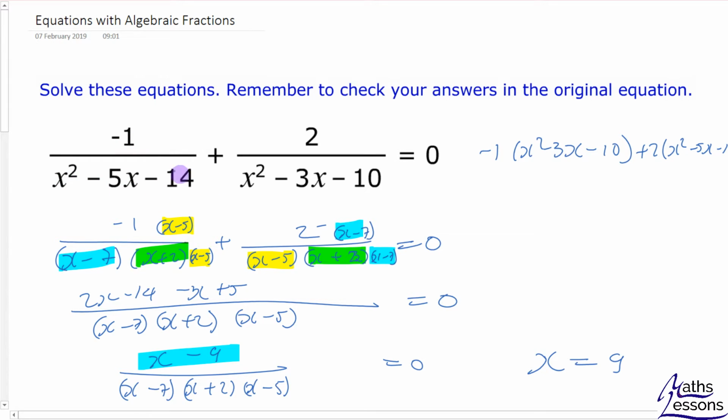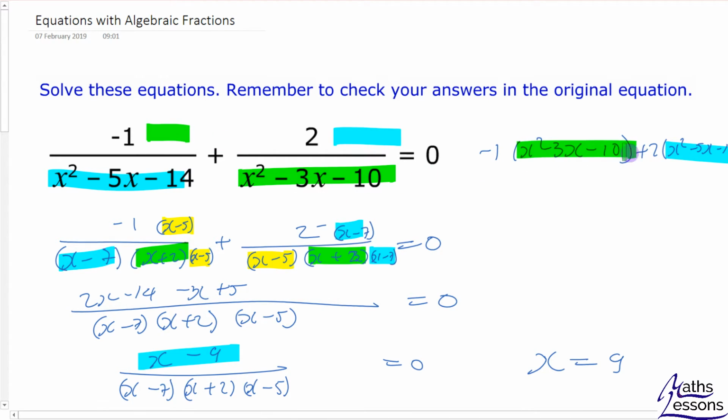So when I times by this bit here, if I times the top by it, then it will cancel. But I need to times by it here, so hence why it ends up over there. And 0 times it gives me 0. And if I times by this, then it's just going to end up here, because when I times top and bottom, it's going to cancel. So I'm just going to get left with it there. And then you can just solve this and you should get the same answer.